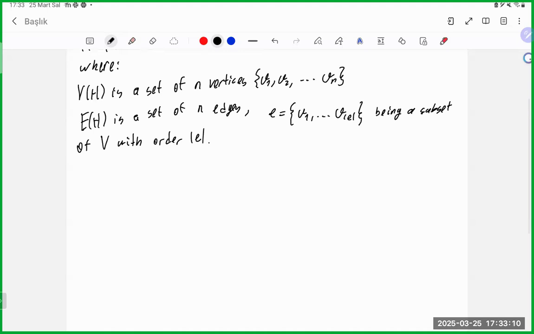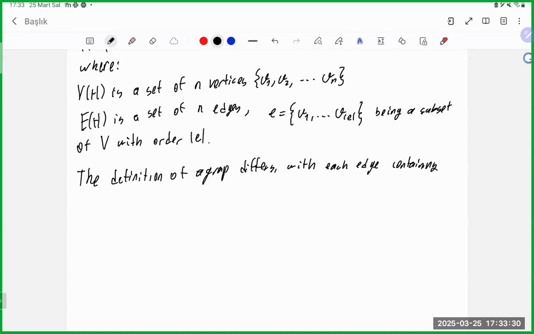Then the definition of a graph differs in that each edge contains only 2 vertices.